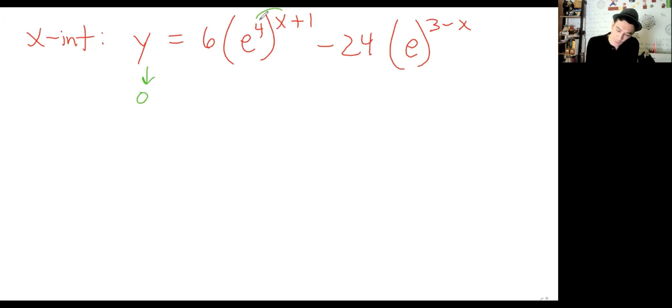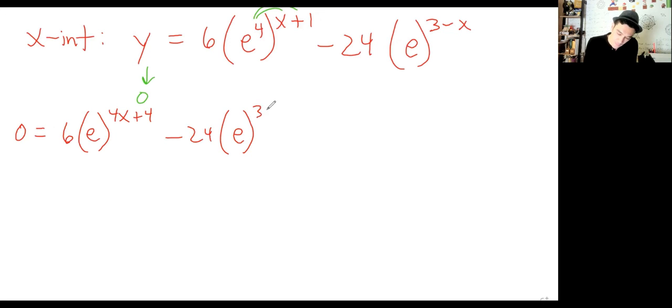And also see this 4, distribute that 4 to the exponent. So this would give us 0 equals 6 e to the power of 4x plus 4 minus 24 e to the 3 minus x. And then what we did in class was, for a situation like this, we move the terms away from each other.